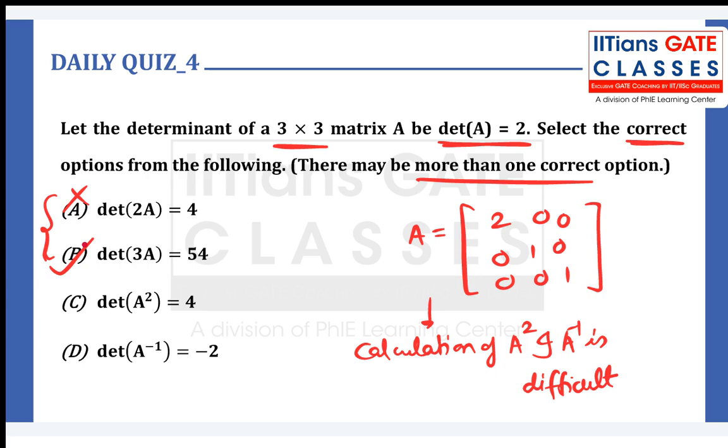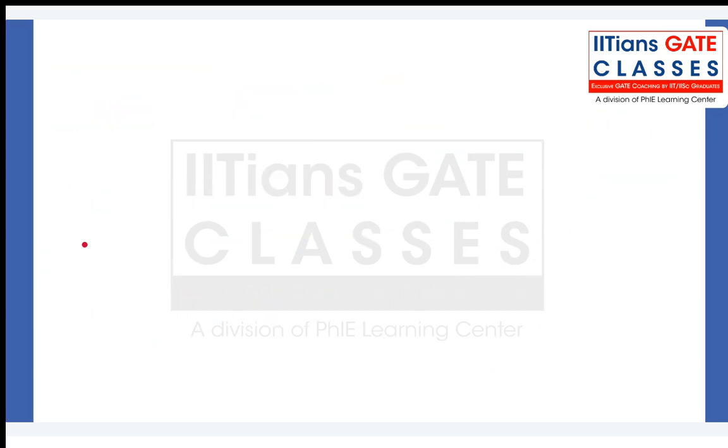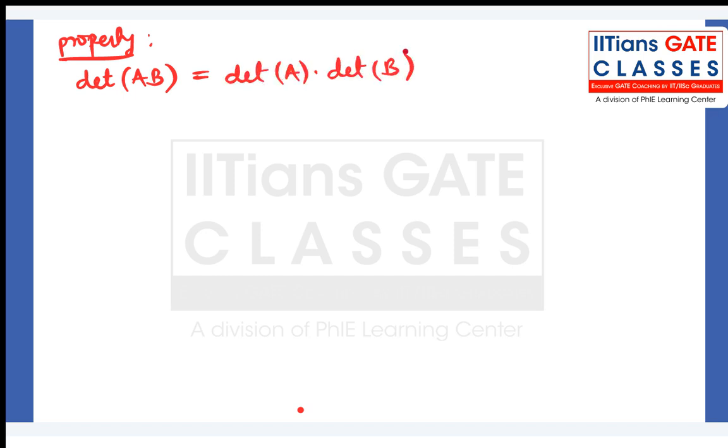Now coming to the C and D options. For option C, you don't need to calculate A square. There is one very important property of determinants of matrices that you are supposed to take help of: determinant of AB is determinant of A multiplied by determinant of B. Since we are interested in A square, we replace B by A in this property.